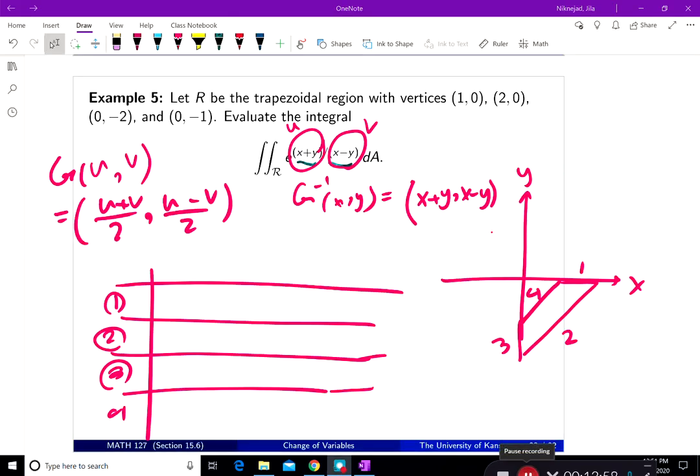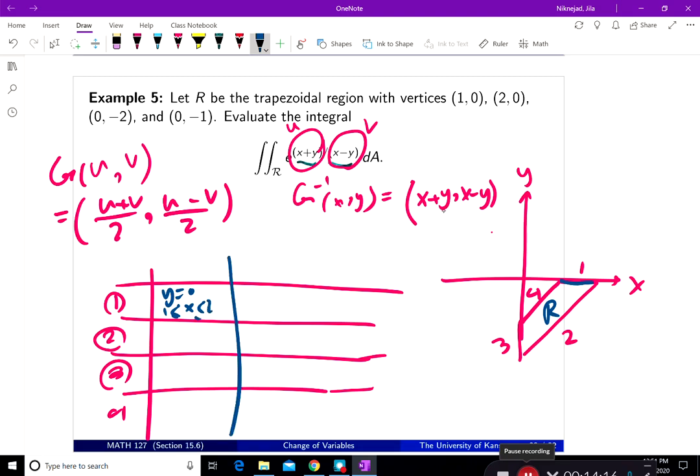Now let's find the pre-image of the region R. Let's start with this boundary. Boundary 1 is y equal to 0 and x is between 1 and 2.